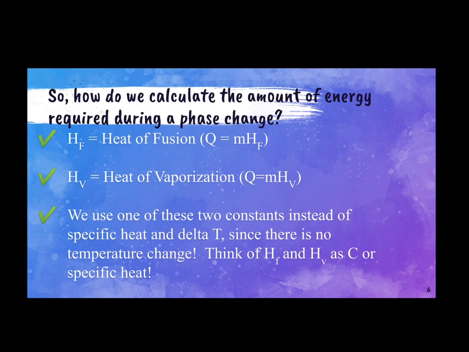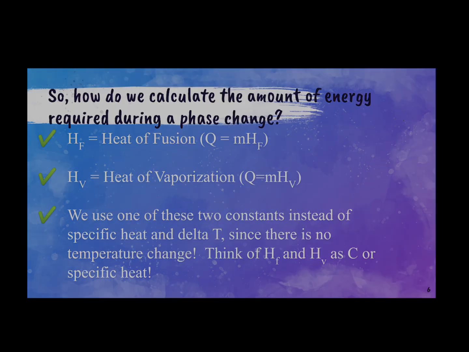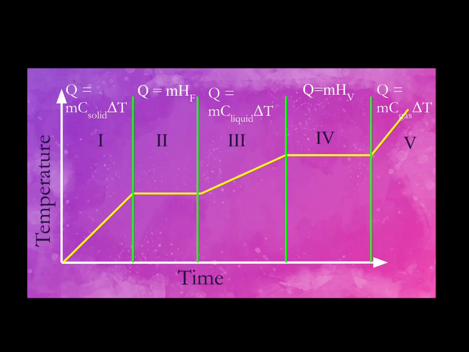We use one of these two constants instead of specific heat and delta T because there's no change in temperature on that 2 and the 4 on that graph that we were just looking at. Think of HF and HV as your specific heat, or C. So then I can plug in those equations on 2 and 4. I don't have my delta T on 2 and 4 because there's no change in temperature.